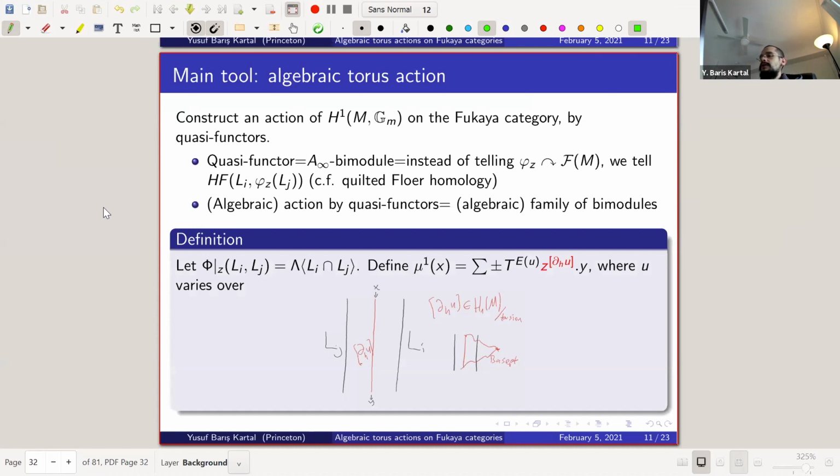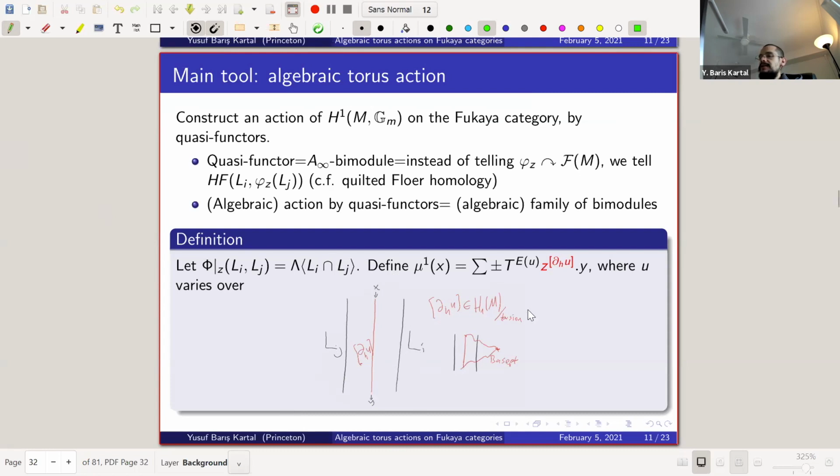I'm going to sum over the strips, holomorphic strips with boundary on Li and Lj, that go from one generator to another. Normally we would just weight this by T to the energy. And now I am adding the first homology class of this red line here, which I denote by partial HU.